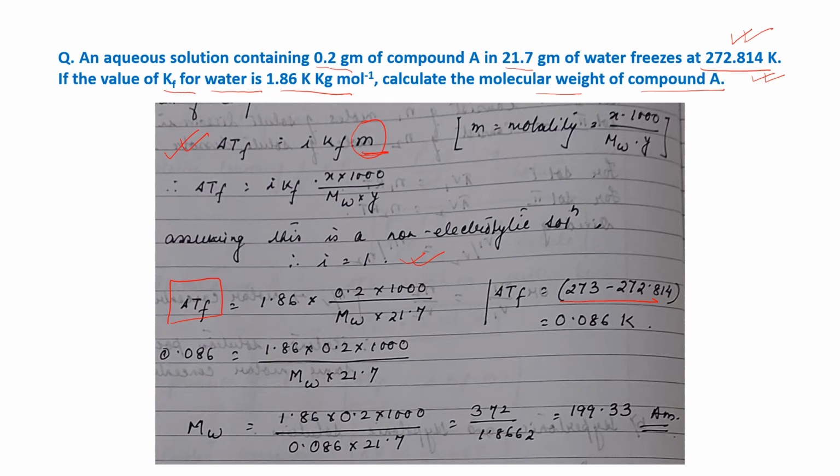So you have to subtract it from 273, because this is given in Kelvin. Now just put the value 0.086 Kelvin in place of delta Tf, and just put all the values, only MW is unknown. So you will get the value of MW, that is 199.33, the molecular weight of compound A. Am I clear, children?